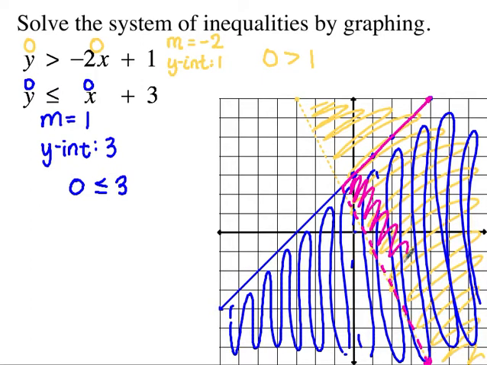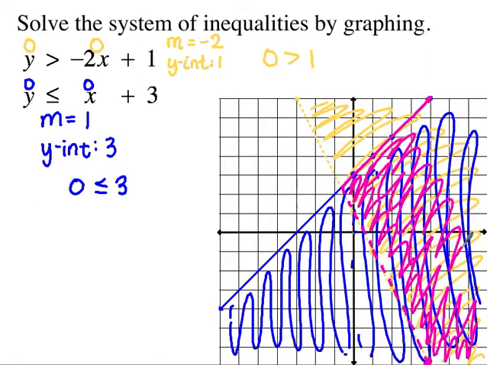And if you want to, you could even add a third color and darken it. So what that means is every point in this pink shaded area will satisfy both inequalities. Yes?